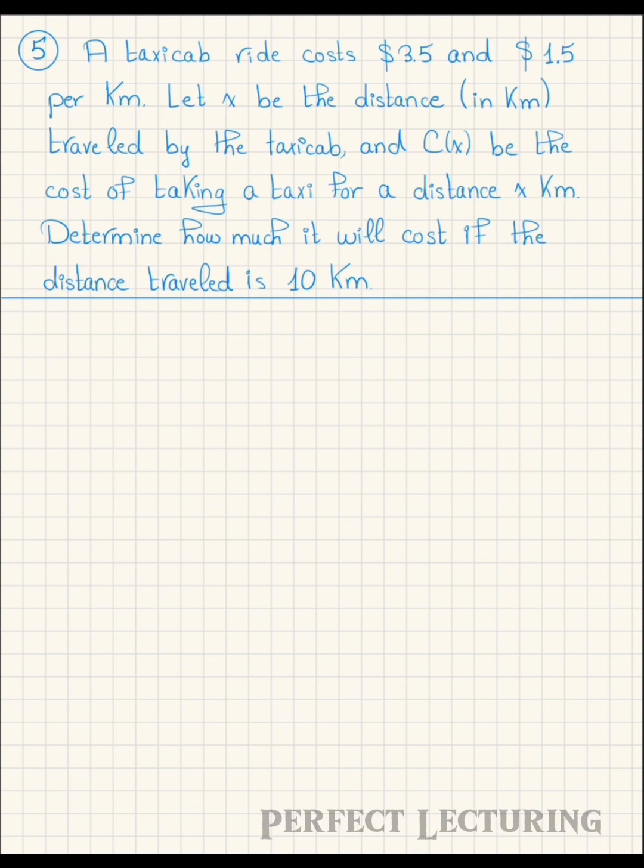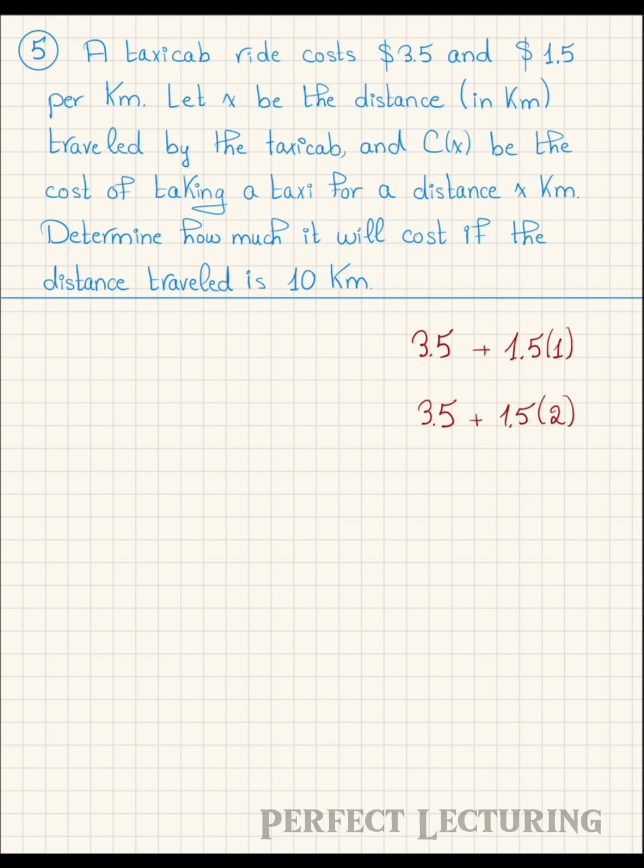Before we determine how much it's going to cost for traveling 10 kilometers, we first need to find an expression for c of x. So first of all, once I take this taxi cab, I have to pay $3.5. For the first kilometer, I have to pay an additional $1.5. Let's say I traveled 2 kilometers, so this becomes 3.5 plus 1.5 times 2.